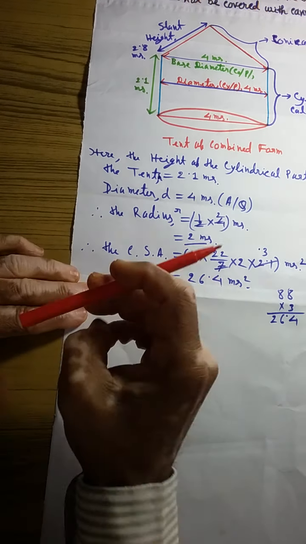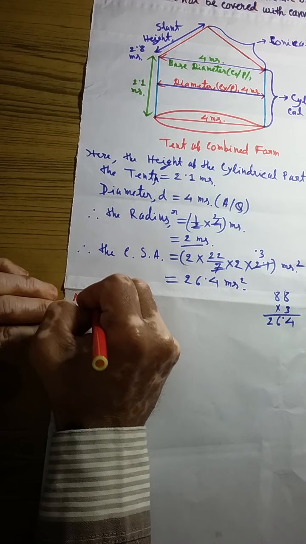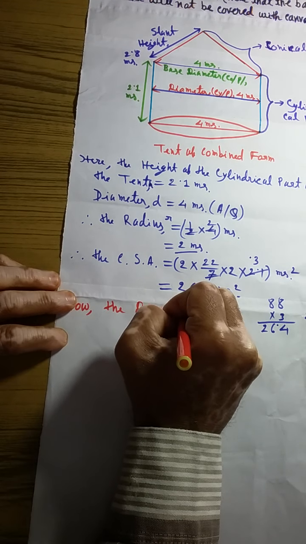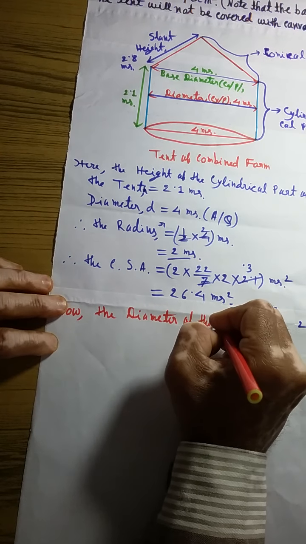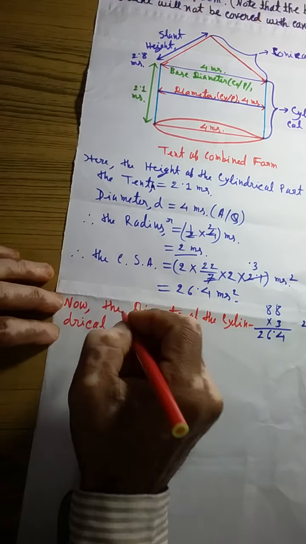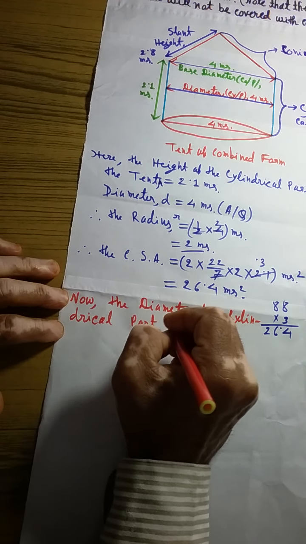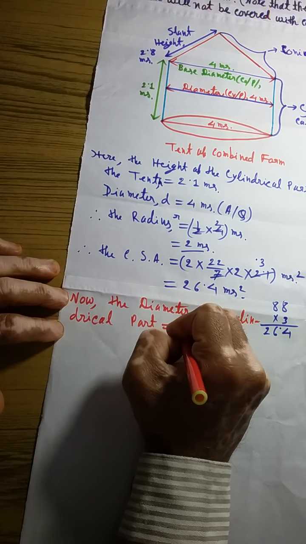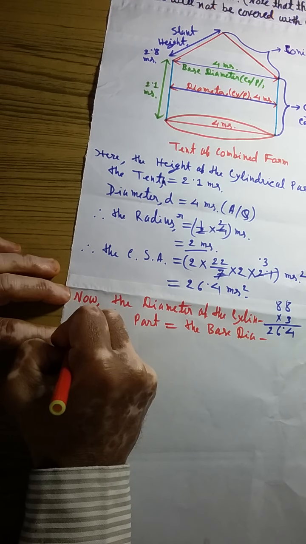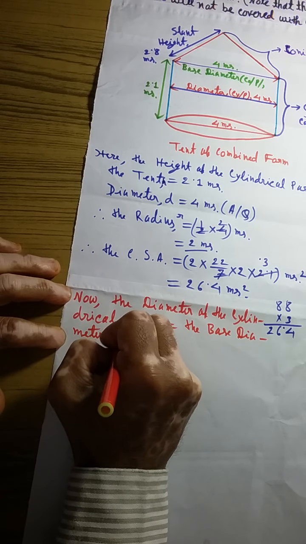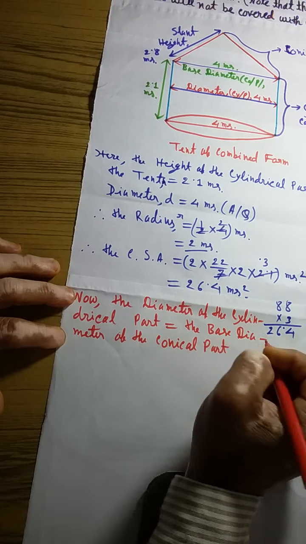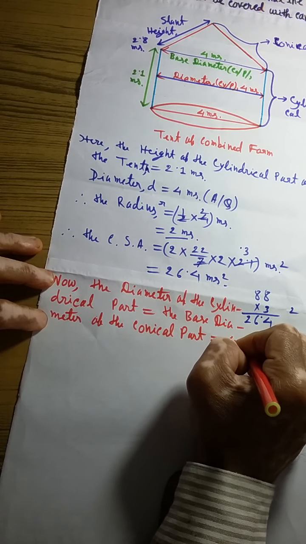After this, let us proceed in this way. Now the diameter of the cylindrical part is equal to the base diameter of the conical part, which is equal to 4 meters.